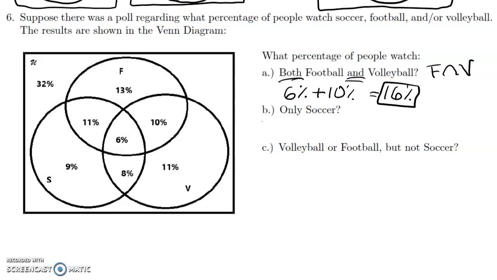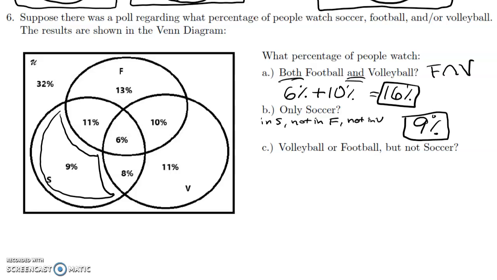So really we need the people in S, but not in F and not in V. We need to be inside the circle for S, but outside the circle for football and outside the circle for volleyball. So only in S alone, not in any of the other circles. There's only one region that matches that description, and the percentage in that region is only 9%.